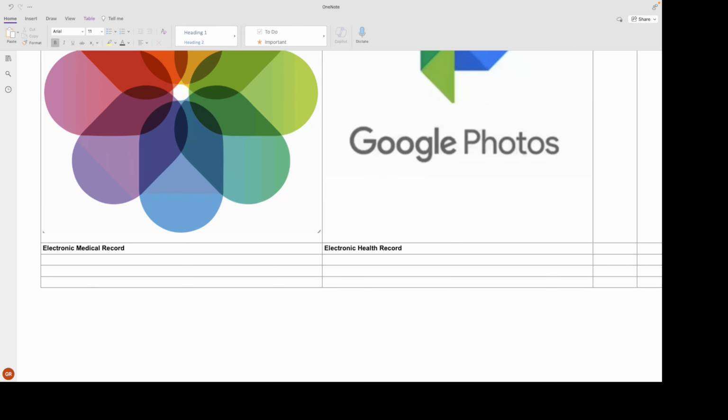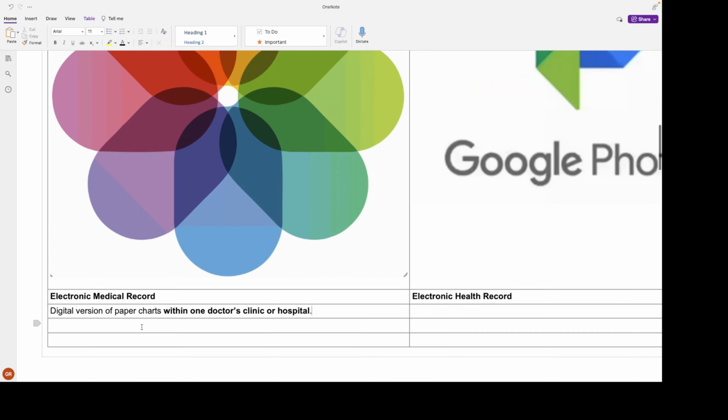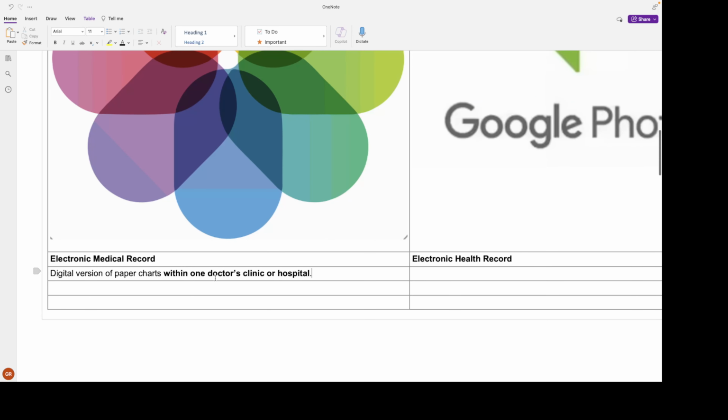So we'll start discussing the difference between EMR and EHR in a technical way. For example, if you go to a particular hospital, you have specific details about you, like a digital version or paper charts within the doctor's clinic or hospital. So it is just internal to the hospital.